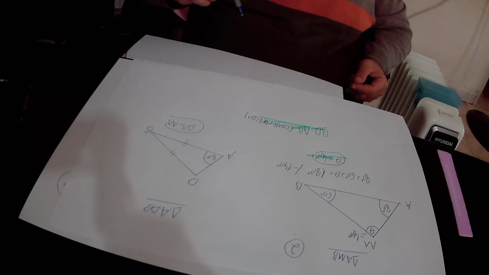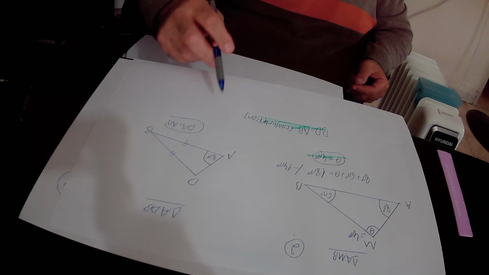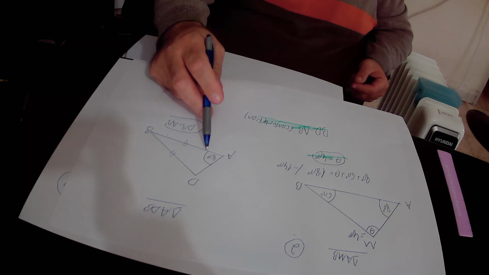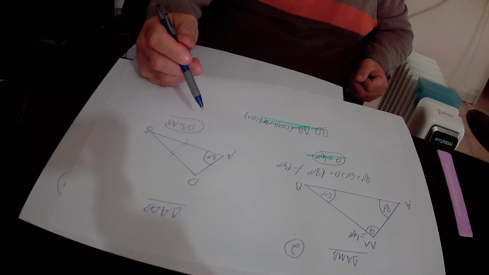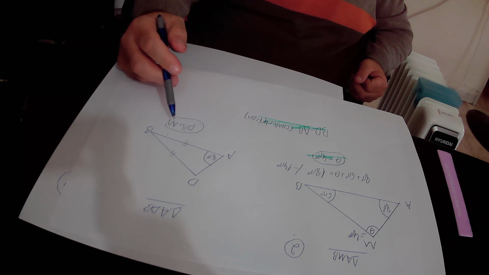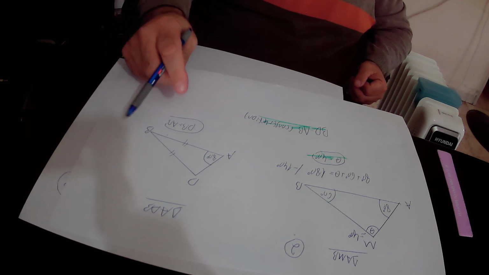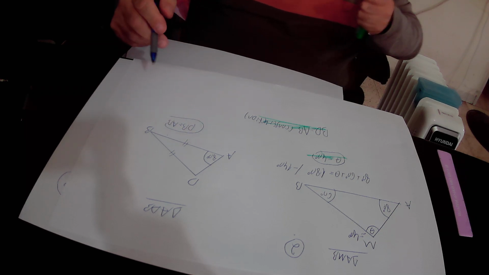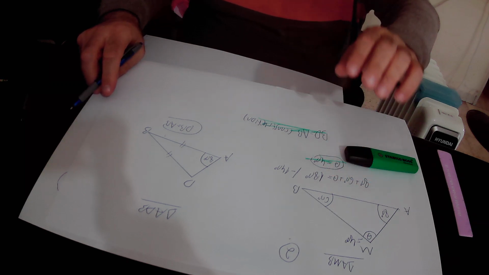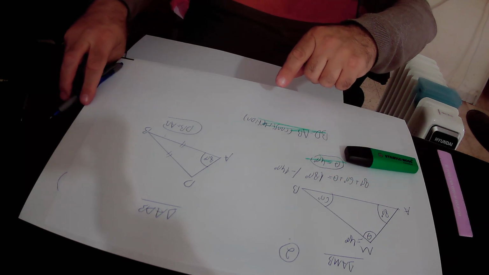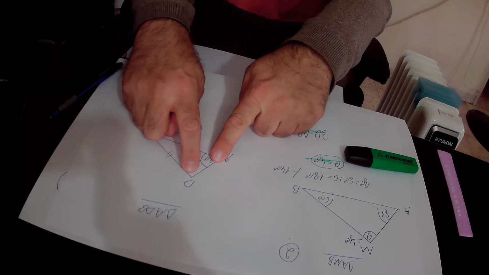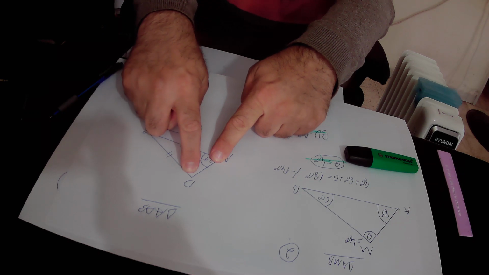Angle DAB equals 80 degrees. This is the angle that we calculated at the beginning of the lecture. According to our construction, AB equals DB. Those two sides are equal to each other. Again, we have the rule that in front of equal sides in the triangle, there are equal angles. So those two angles that are located in front of the equal sides must be equal to each other.